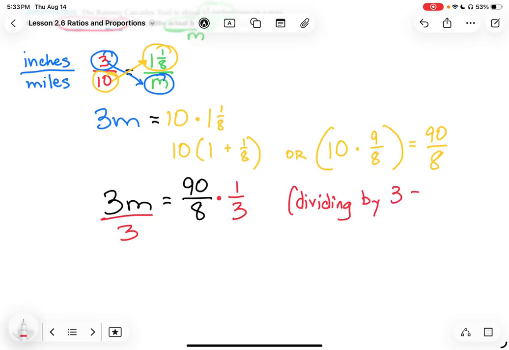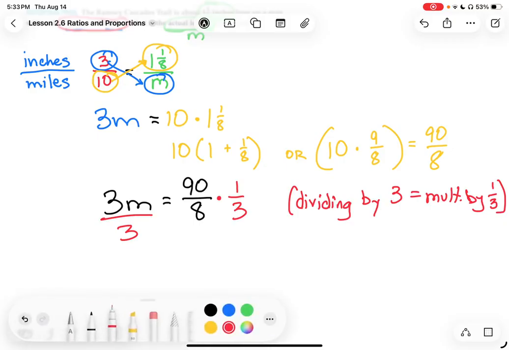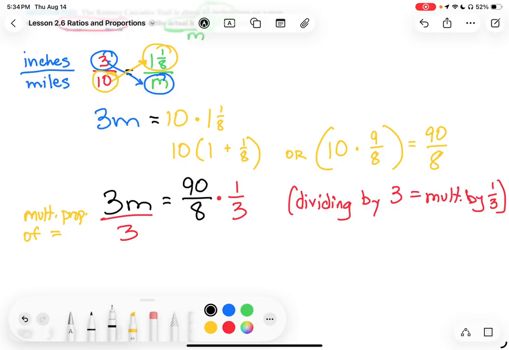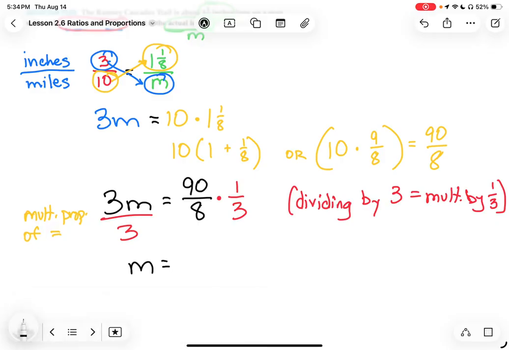Those are the same operation. Depending on how you think of it, I'm going to call it the multiplication property of equality. You could call it the division property of equality too, if you like, because we're kind of doing both. So 3m divided by 3 is going to be m.